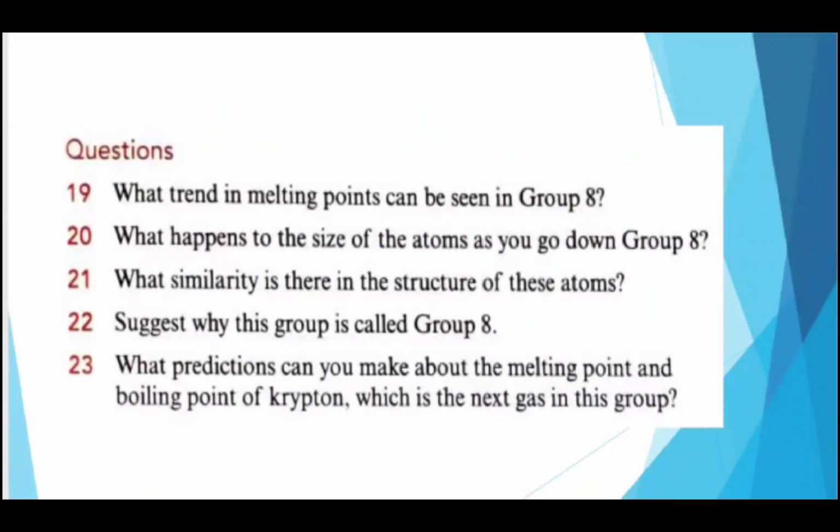Alright, let's attempt a few questions related to noble gases. What trend in melting points can be seen in group 8? The melting point is increasing. What happens to the size of the atom as you go down? The size also gets bigger.